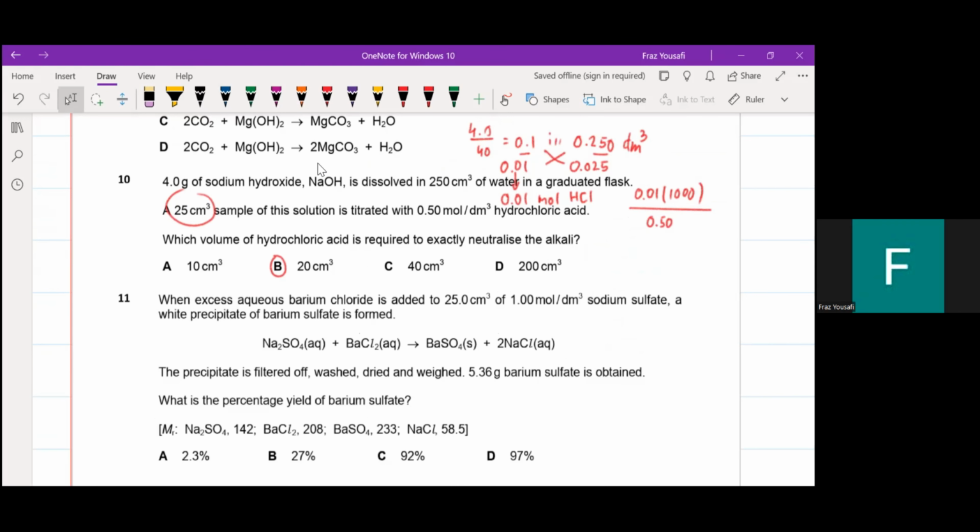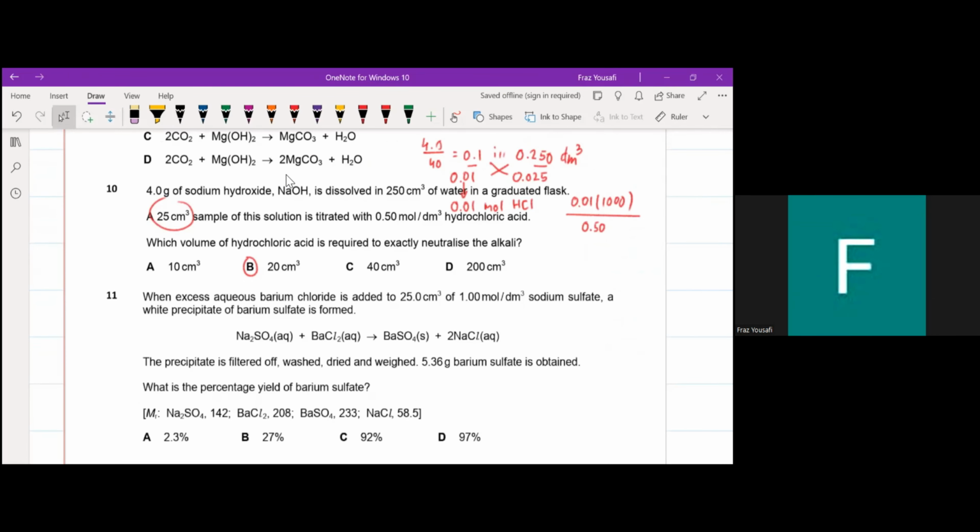All right, next question. Excess barium chloride is added to 25 centimeters cubed of a 1 molar sodium sulfate solution. They tell you that at the end you get 5.36 grams of barium sulfate. So your job is to deduce the percentage yield. All right. Now, this, if you remember, is given to you in the question, that's the actual yield.